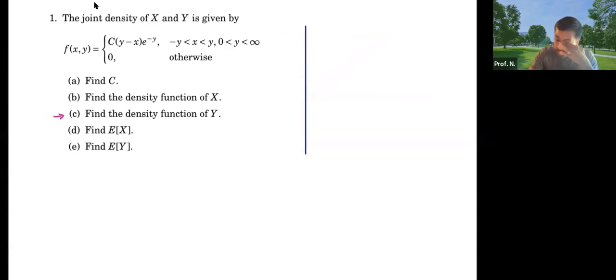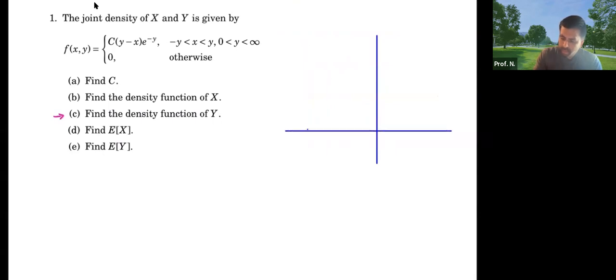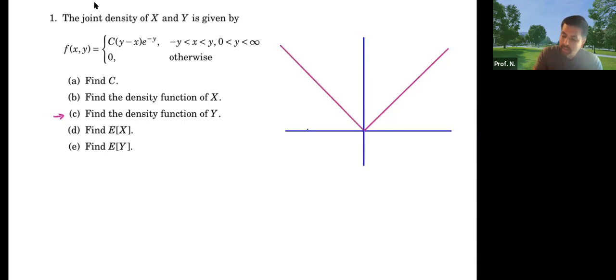So we get something like this. Here, this is y equals x. And here, this is y equals negative x.